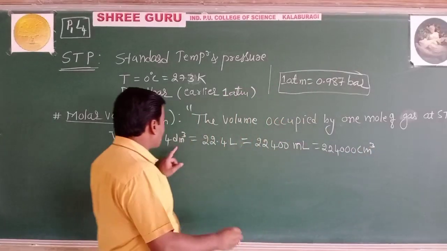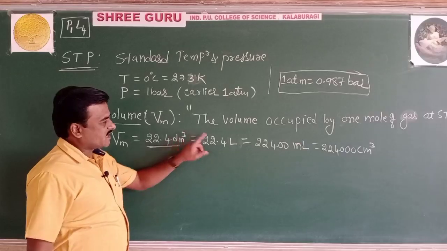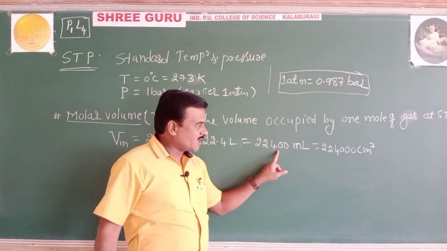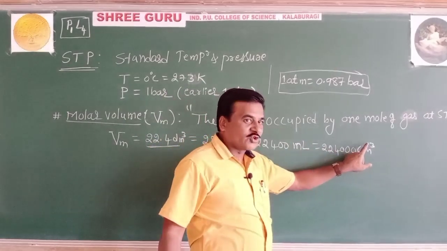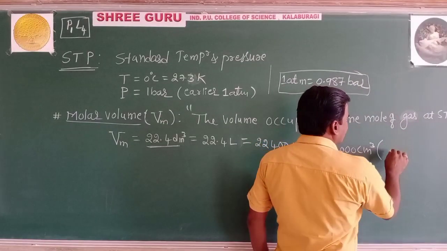So 22.4 dm cube is the molar volume. See, this is the value of molar volume when pressure is taken in the units of atm.